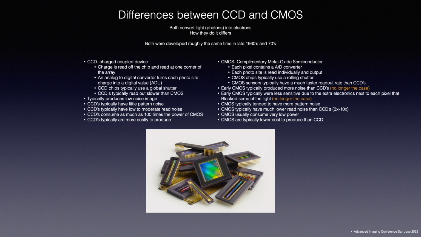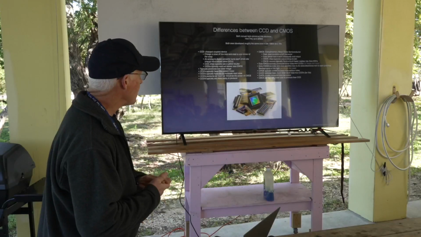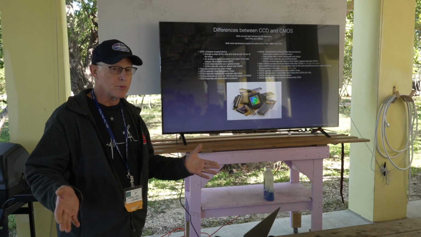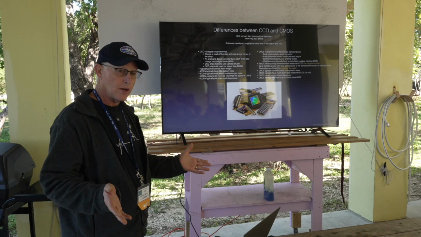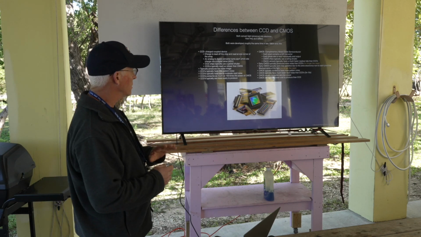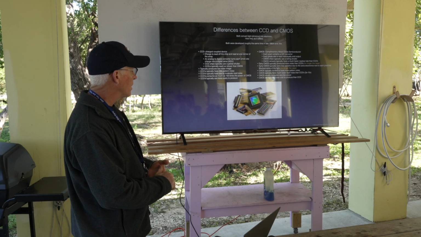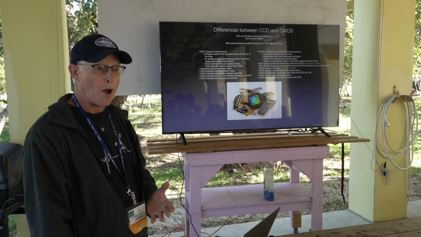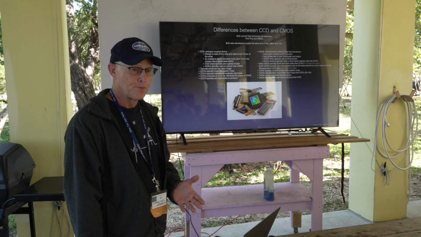On the CMOS chip, it happens over each pixel. And these initially tended to have more noise. Anybody remember the amp glow phenomena? Yeah. So that's largely a thing of the past now, but what CMOS chips allow you to do is read these signals out much faster than a CCD.